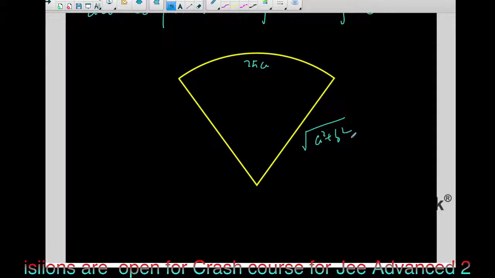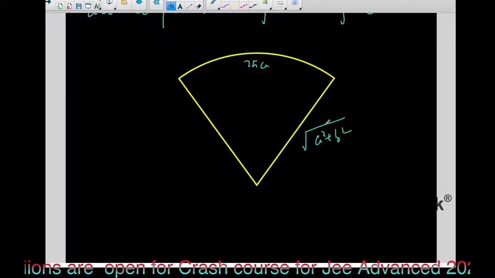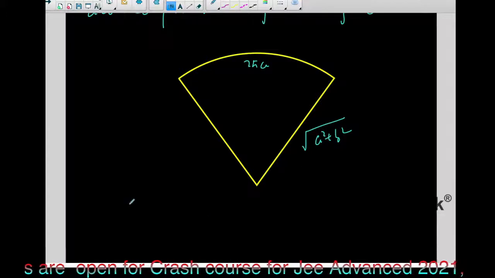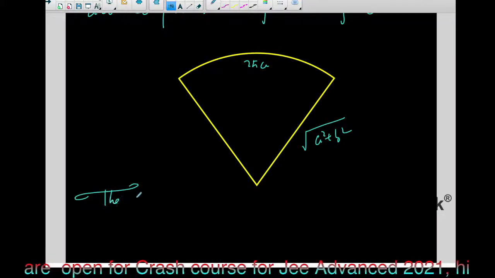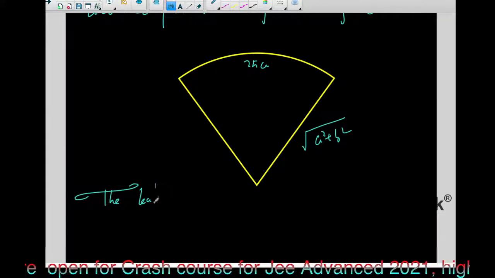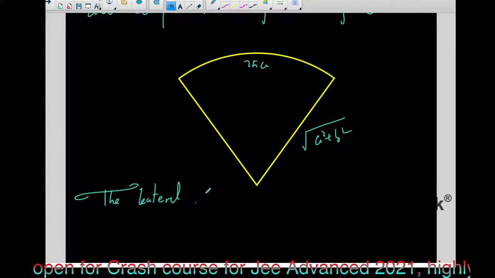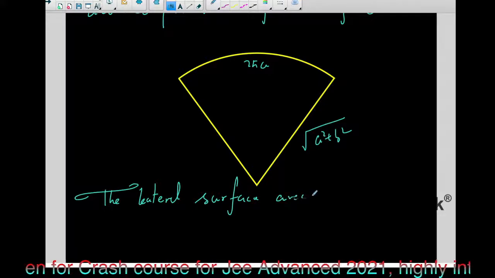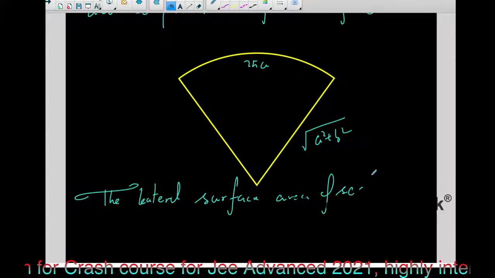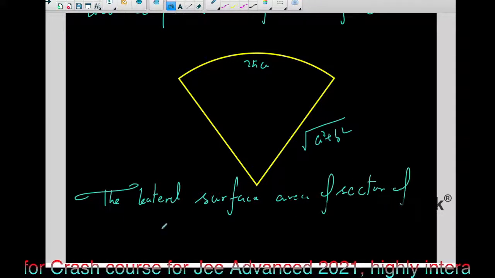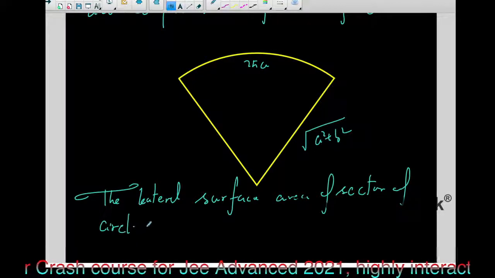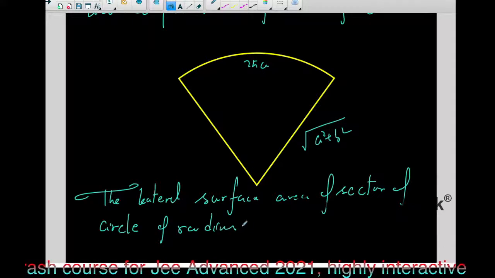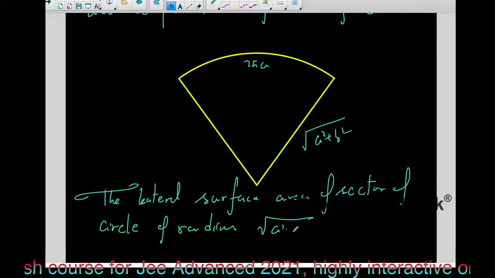So the lateral surface area of the sector of a circle of radius under root a square plus b square.